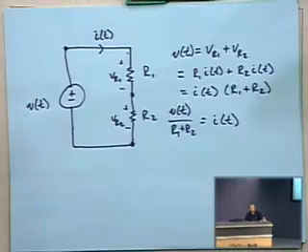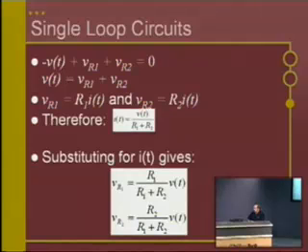Then we can also go back and take a look at the slide again. What we do then is take the equation that we came up with for I of t, and substitute that back into each one of the two voltage equations down at the bottom.